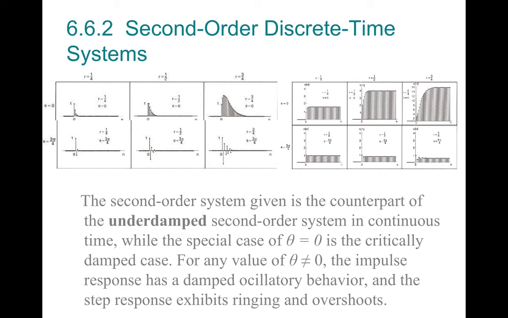When theta equals 0, you can see that the unit step is monotonically increasing and it reaches a stationary value. This corresponds to the critically damped case. When theta is not equal to 0, we will usually have this overshoot effect and also a ringing effect, and this is similar to the underdamped case in a second order continuous time system.